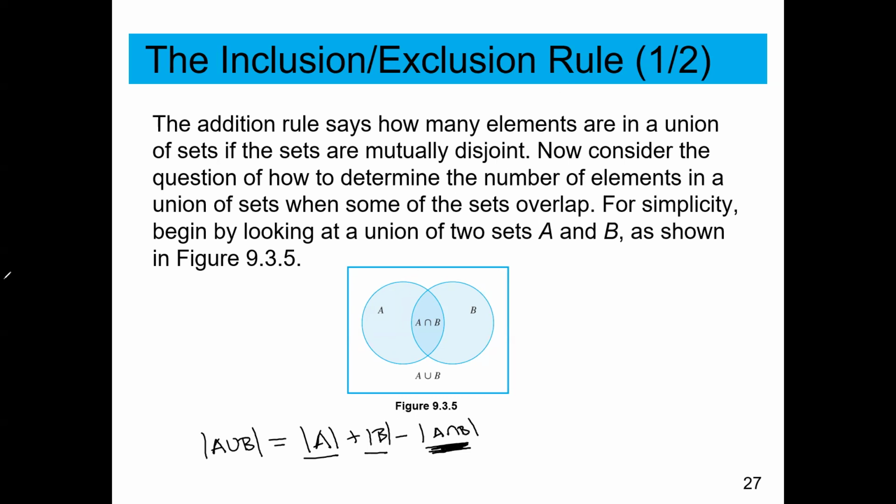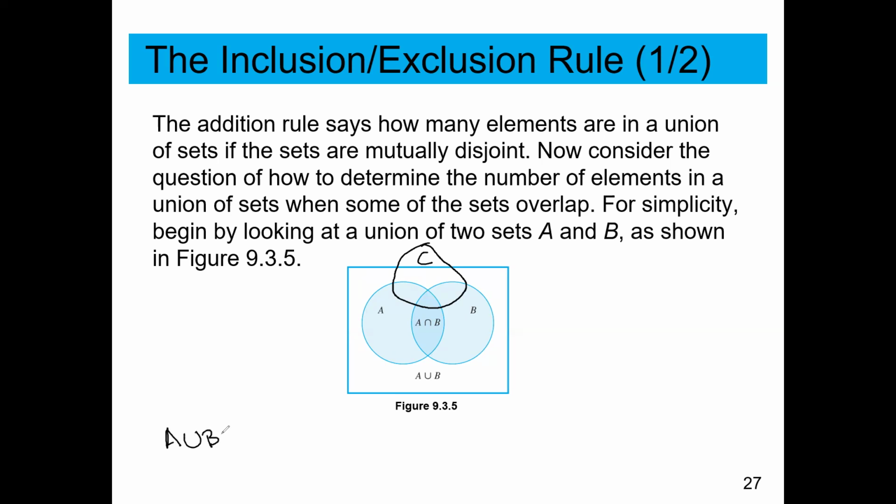Let me use this example to make this a little bit clearer. What if I drew another circle? Let's throw in C on top of this. If I look at A union B union C, the first thing I have to do is take the cardinality of A plus the cardinality of B plus the cardinality of C. And then from there, we're going to subtract the overlaps.